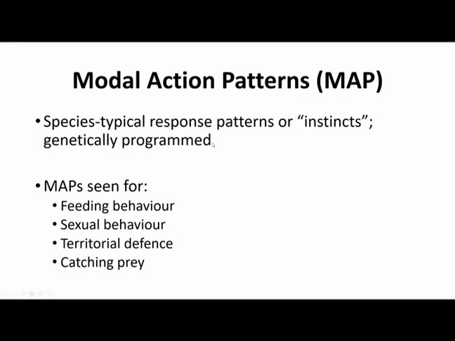So they're still genetically programmed. They're still going to be happening innately. They happen without training. But there may be a couple more steps than just a reflex. These MAPs, these combined patterns of behaviors, we can see in a bunch of different species for things like feeding behavior, sexual behavior, territory defense, and even catching prey.